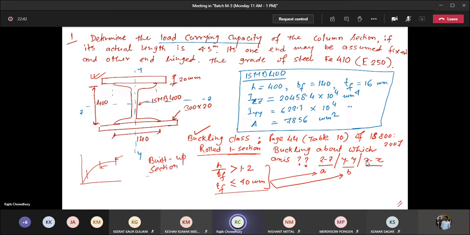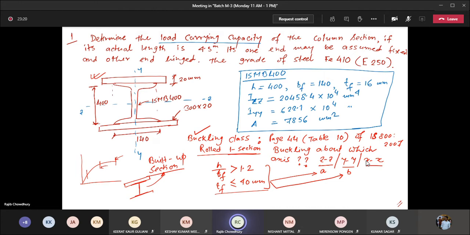Built up section means I have a hot rolled ISMB or ISWHB section, and over there I am providing another plate on the top, or at the bottom, or on both the top and bottom flange. I am adding another simple rectangular plate. So that would be considered a built up section. Now hot rolled or cold rolled means it is a rolled section, which is the I section or the ISA section and all these things.